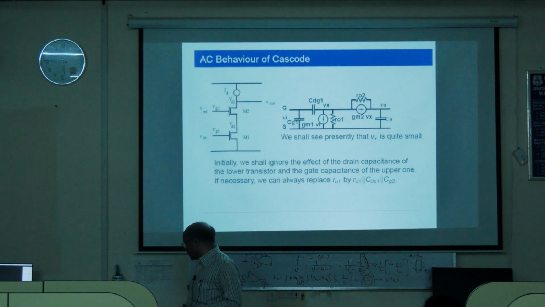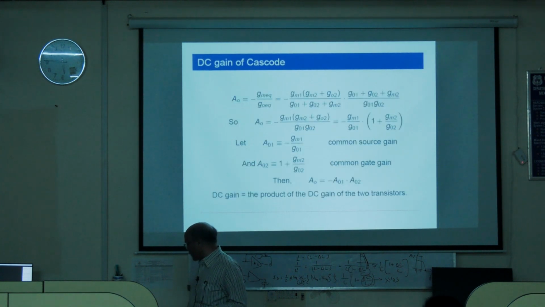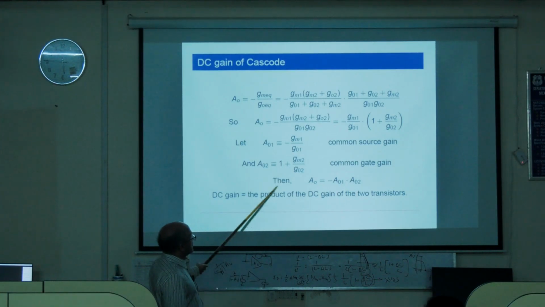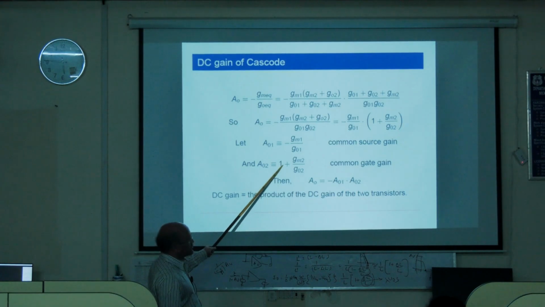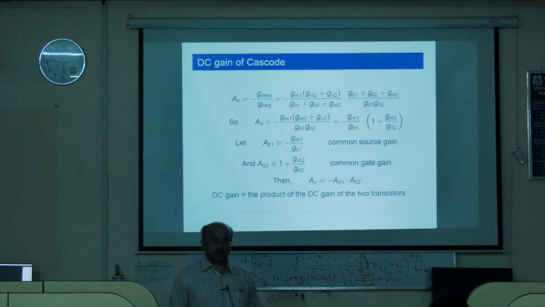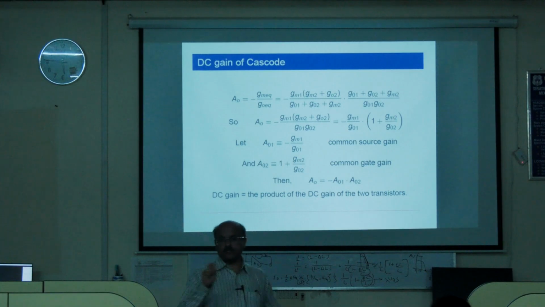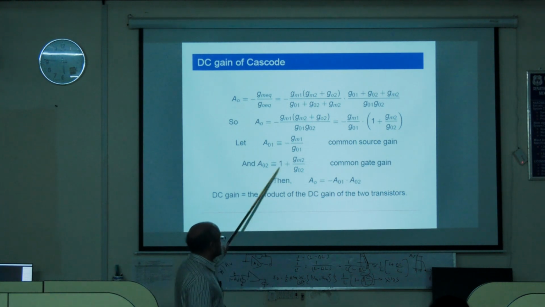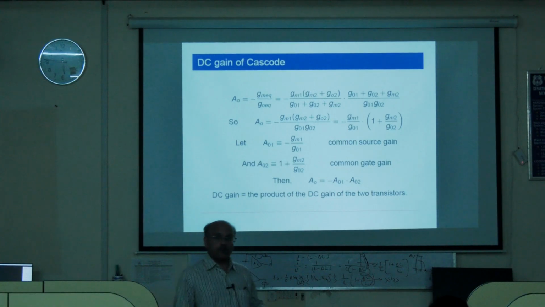Okay. So this is the DC gain, and you can also see that if you ignore this term, and assume that gm1 is equal to gm2 is equal to gm, and g01 is equal to g02 is equal to g0, then the gain will be gm R naught whole square.